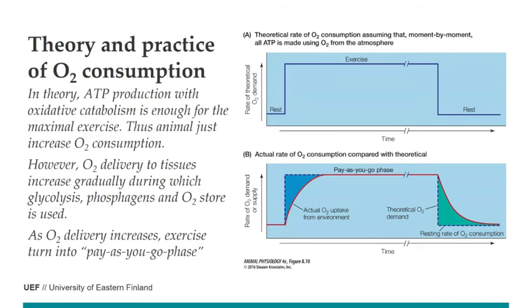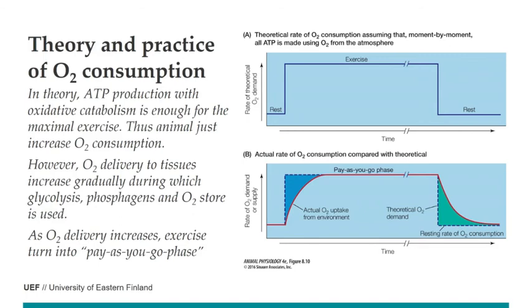And then the most interesting thing in this is the end. So in the resting state, oxygen consumption after the exercise is again decreasing gradually. In one way, we understand, okay, if we have produced lactate in the beginning, then we must use oxygen to move the lactate back into the energy metabolism.